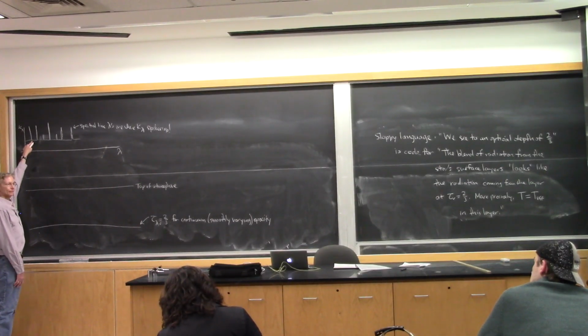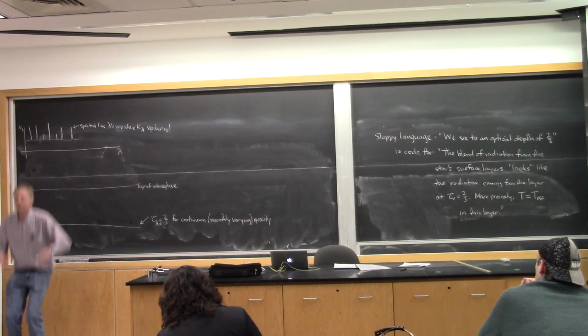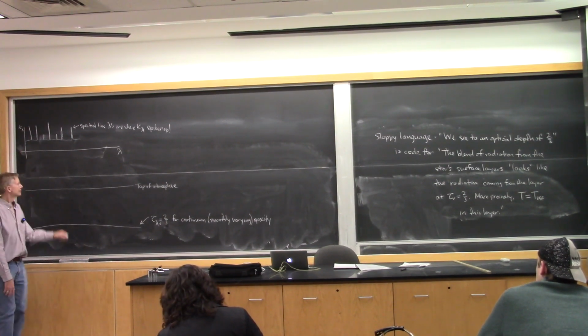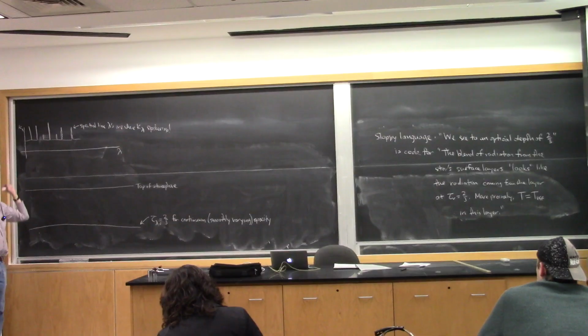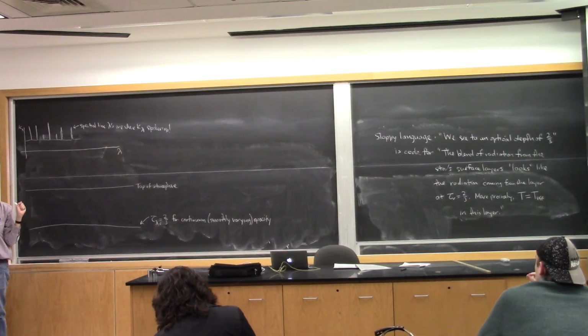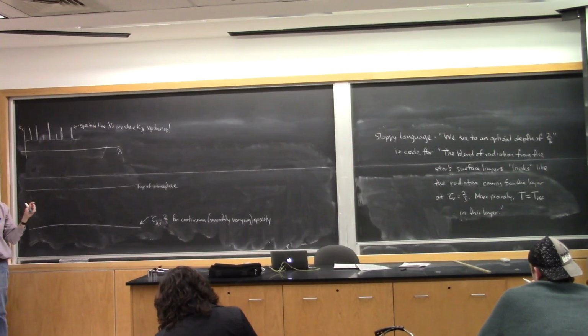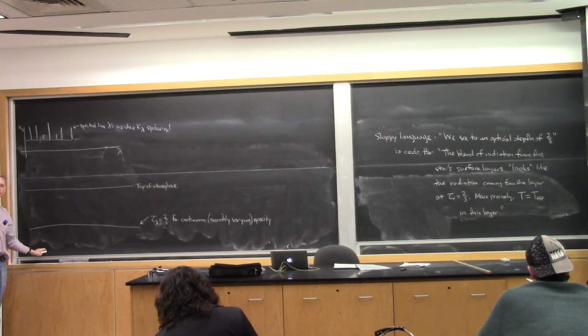But what happens when the opacity jumps so that photons have more trouble making it through the atmosphere? Does tau lambda equals 2/3 occur higher up in the atmosphere or deeper down in the atmosphere at wavelengths where kappa lambda is large? Let me reconsider.